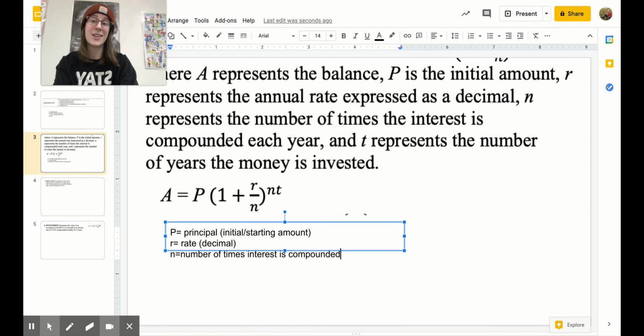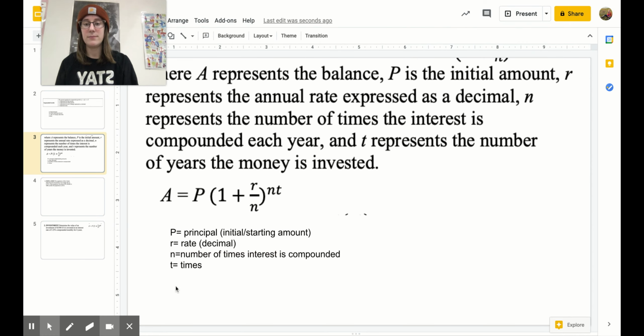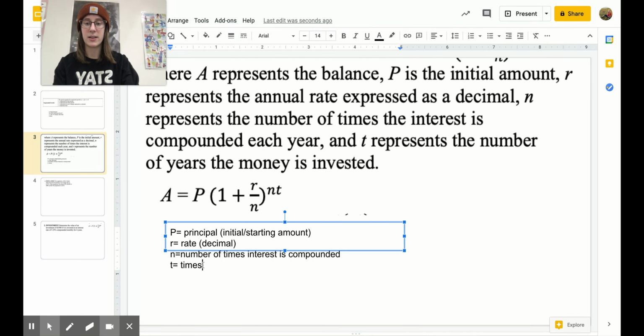If you got it yearly, it would just be 1. Then T, of course, represents time, that's years usually. A is going to be the balance. I guess we should add that in there. A is your balance. I like to think of it as the amount. It's just the amount of money you have.